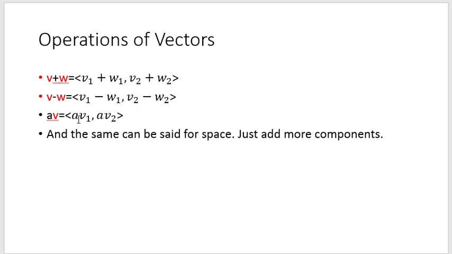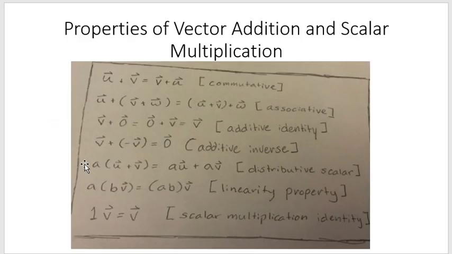Scalar multiplication is av1, av2, and the same can be said for space, just add more components. And this I wrote out because I was not about to type all of this. So I'm sorry, you'll have to deal with my handwriting for a moment.